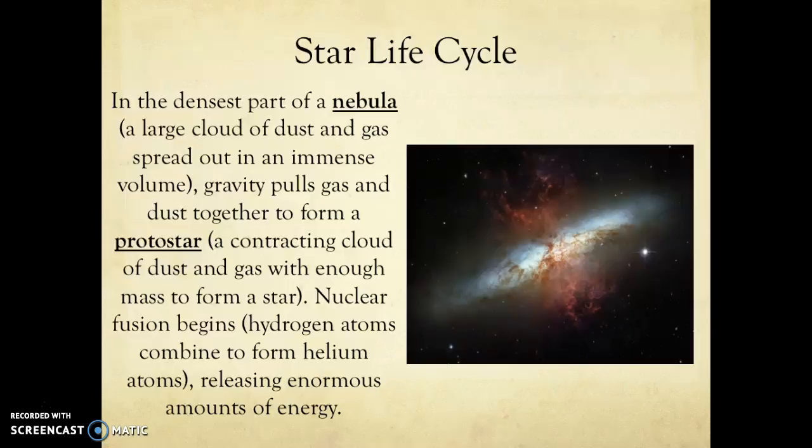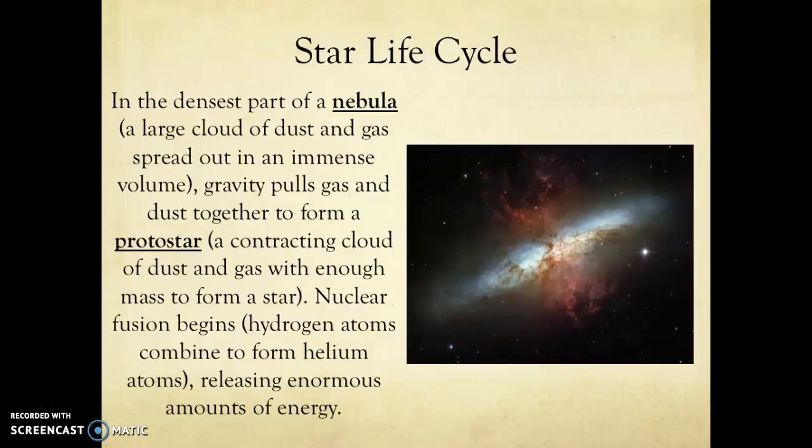Now, this is called nuclear fusion. So nuclear fusion begins at the protostar point, and this is where hydrogen atoms fuse together again. Now, when hydrogen atoms fuse together, they form helium atoms.